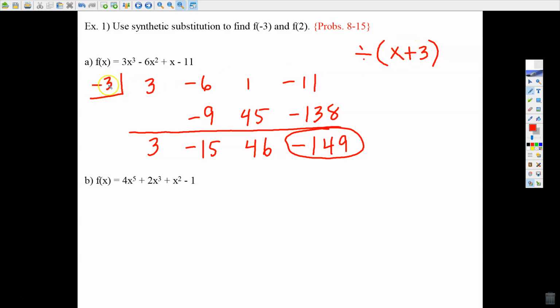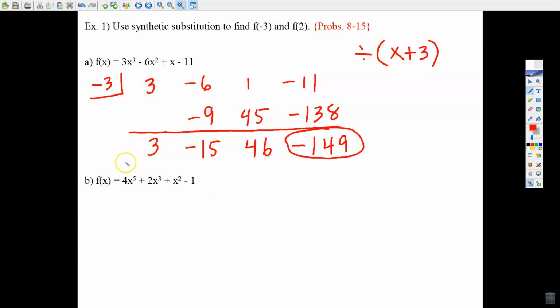Remember that? That was a key point. Well, in this case, you're actually given the number that would cause this to be 0. You don't have to change the sign. You just take the literal number that is given as the input, and that number goes in the house. So you don't have to worry about changing any signs here.